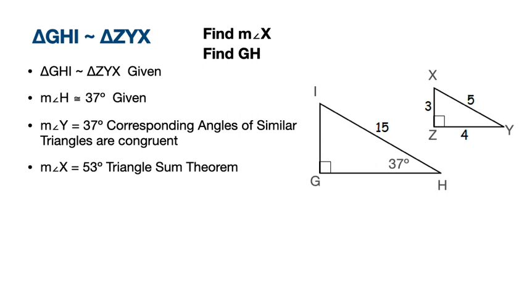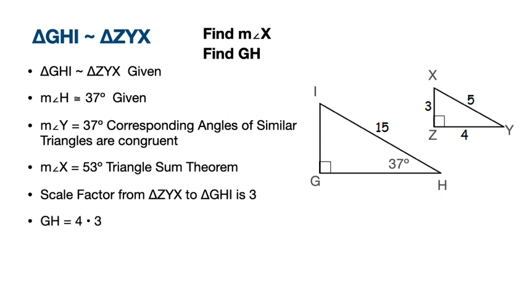The scale factor from triangle ZYX to GHI is 3, because those hypotenuses, 5 times 3 is 15. Therefore, to find the length of GH, it's going to be 4 times 3. The length of GH is 12 units.